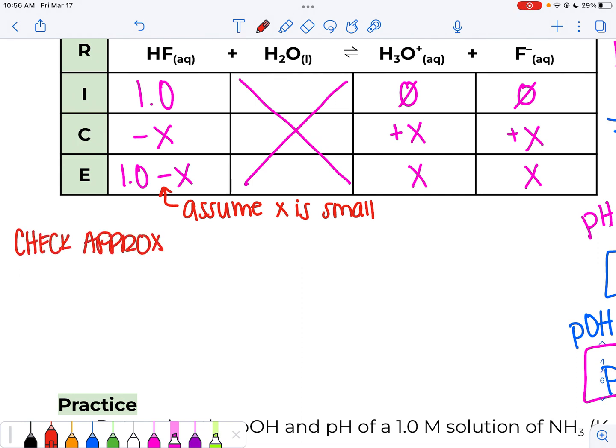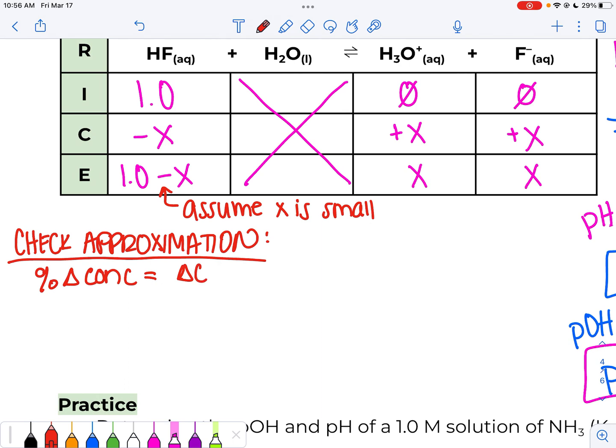Check approximation. This is also just a good reminder of how to do these since we haven't done one in a little bit. Our percent change in concentration is equal to the change in concentration divided by our initial concentration times 100%.